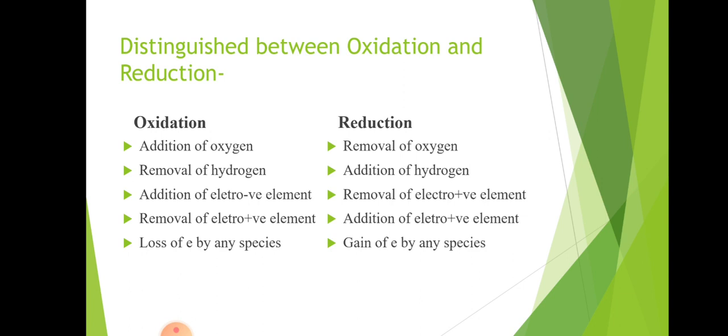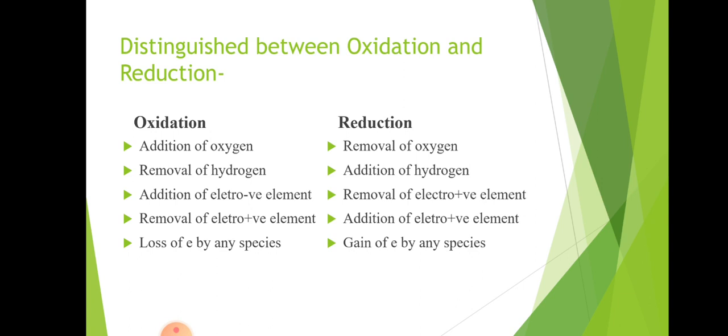Then the second point of difference is that oxidation is the removal of hydrogen, while reduction is the addition of hydrogen. Then the third point: oxidation is the addition of an electronegative element, and reduction is the removal of an electronegative element.